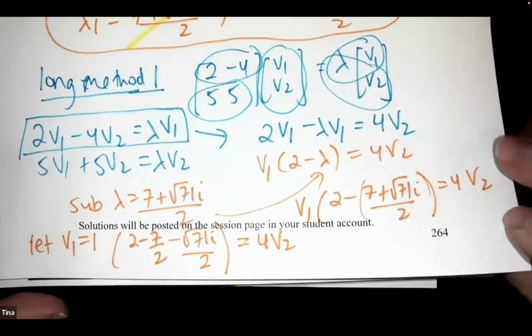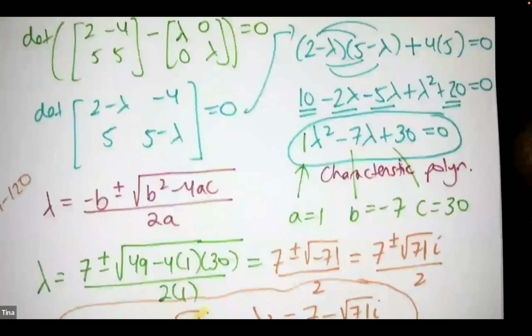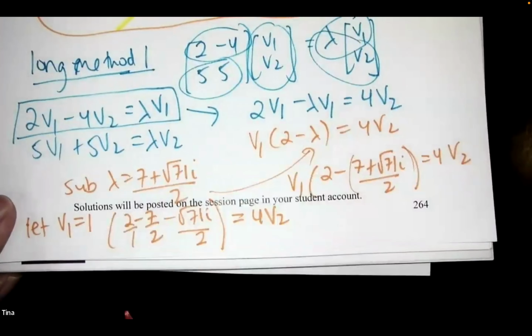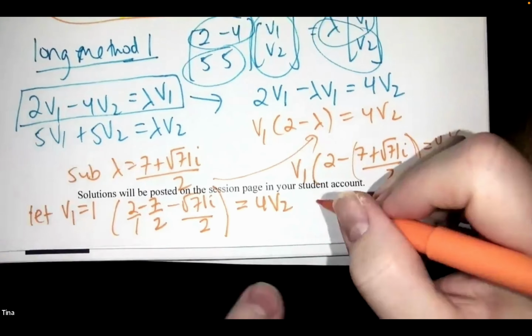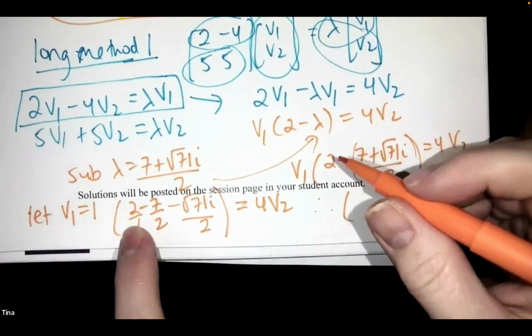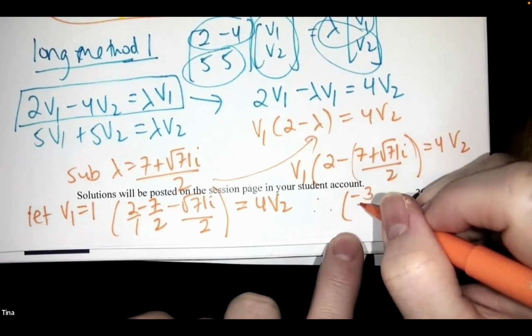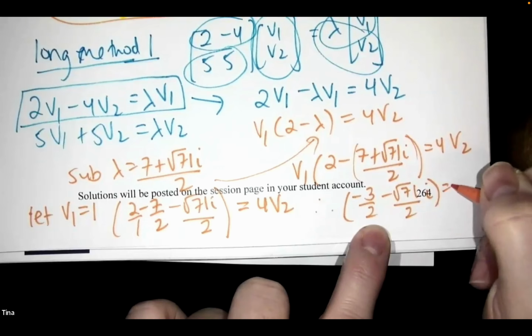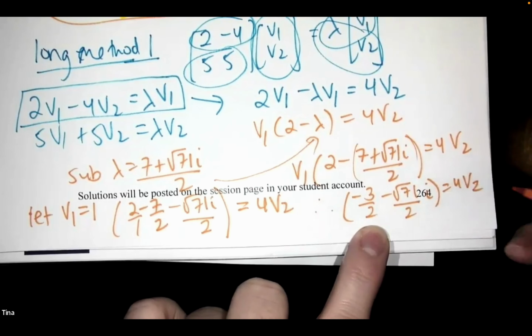Let's see. I think I have to go to the other page. So this would be 4/2 minus 7/2, so that's -3/2 minus root 71i over 2 equals 4v2.